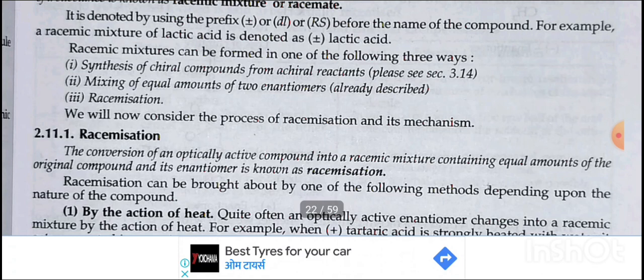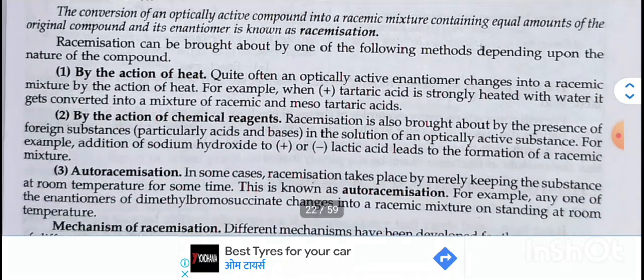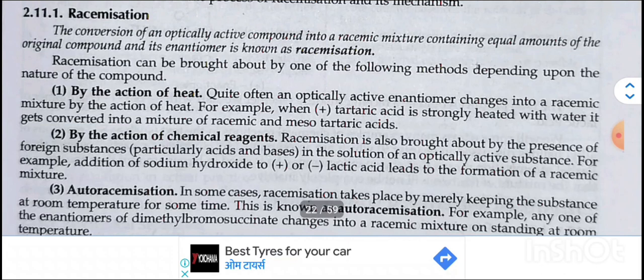Racemization is the conversion of an optically active compound into a racemic mixture containing equal amounts of the original compound and its enantiomer. By the action of heat, quite often an optically active enantiomer changes into a racemic mixture. For example, when plus tartaric acid is strongly heated with water, it gets converted into a mixture of racemic and meso tartaric acids.